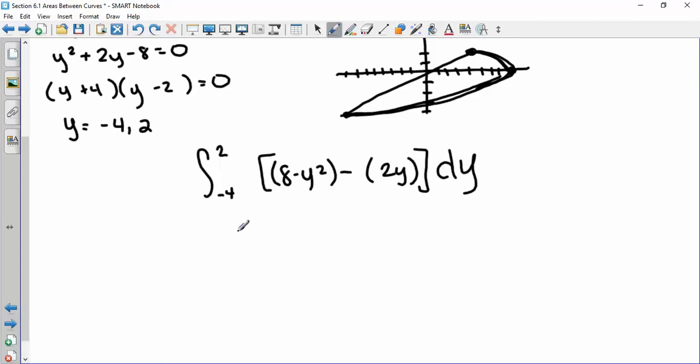So we can integrate. The antiderivative of 8 is 8y. The antiderivative of y squared is 1/3 y cubed. Minus the antiderivative of 2y is y squared.